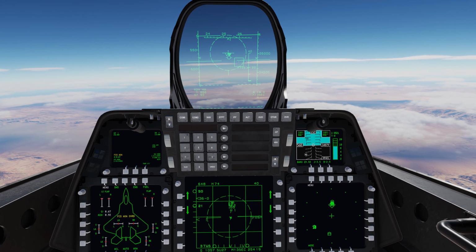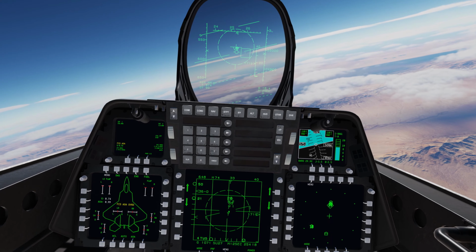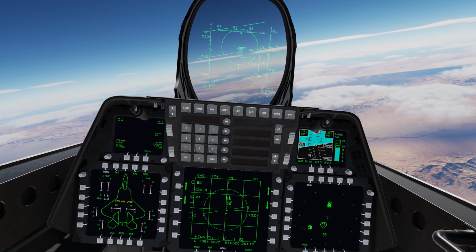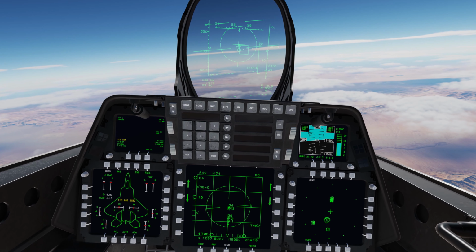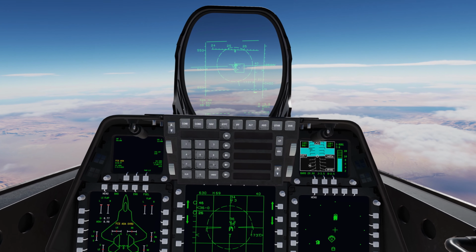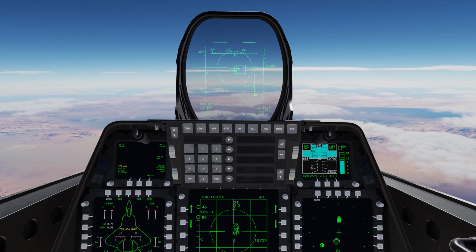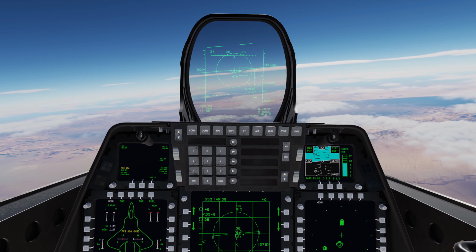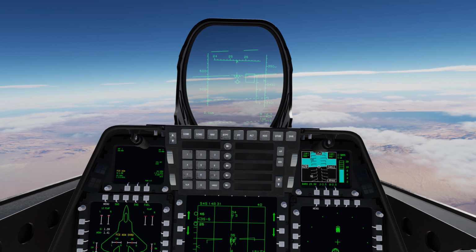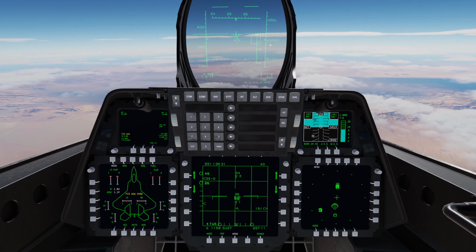I'm going to engage these 3 tracks here. Hopefully, those AMRAAMs can find their way home. So I've got all 4 of the Su-27s locked up now. I'm going to recommit Fox 2 and Fox 3, Fox 3.